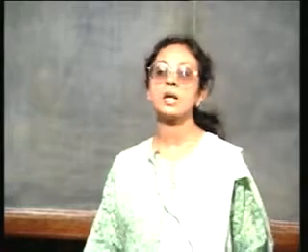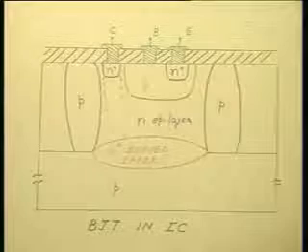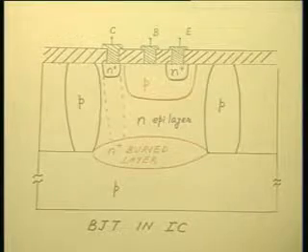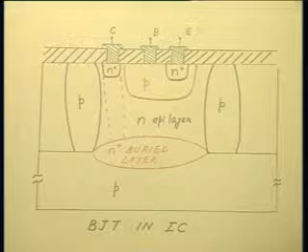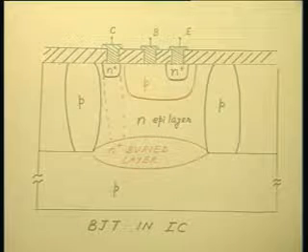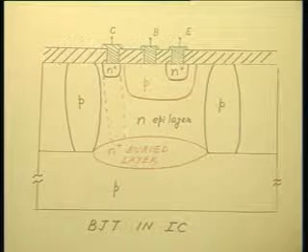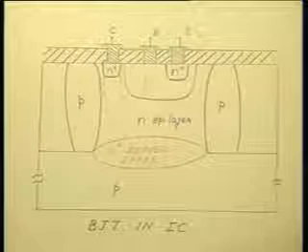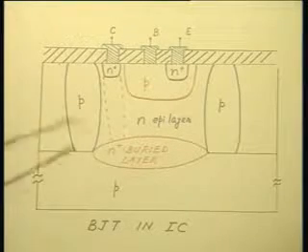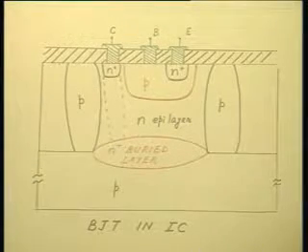So, if you use arsenic to dope this N plus buried layer and then afterwards when you do the epitaxy, remember during epitaxy also the substrate has to be subjected to high temperature. So, in that case if you used arsenic there will be large amount of out diffusion from this buried layer. You do not want that. That is why antimony is the preferred choice for this N plus buried layer formation.